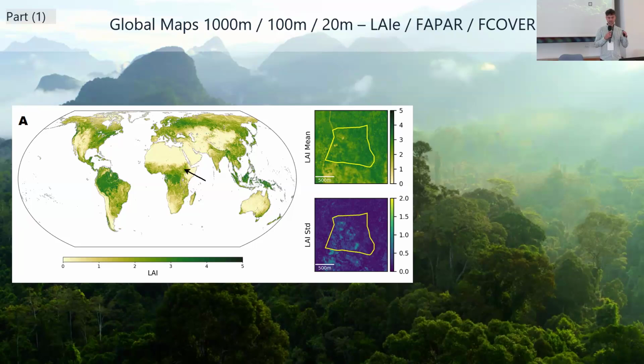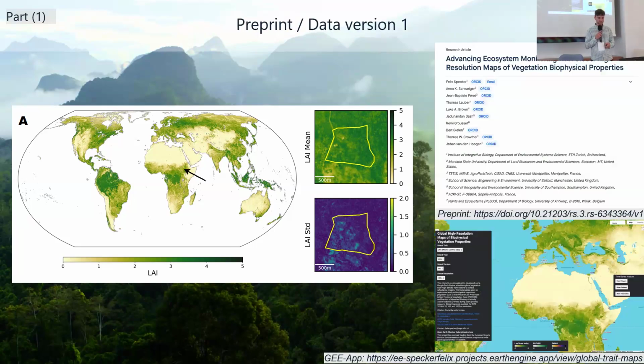The annual products make it easier for end users to analyze the products, without having to deal with the within-year variation. So this is still, unfortunately, in preprint state. I hope to have it published sooner, but it will still take a couple of months. But you can look at the data products, the preprint, and a Google Earth Engine app, as well as the Earth Monitor app.